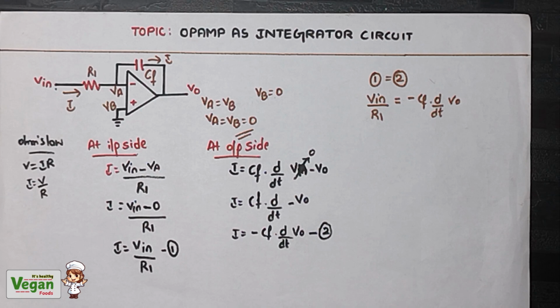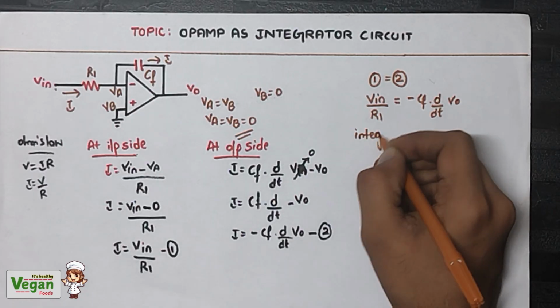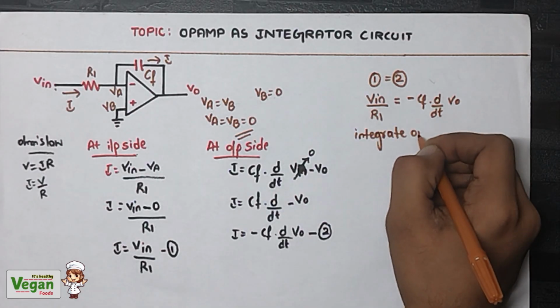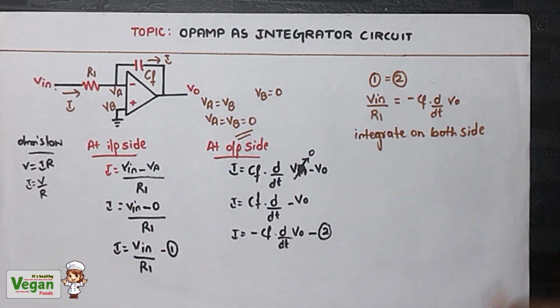We just need the equation for Vout. Therefore let's integrate on both sides. How will you know to integrate? Because we are designing an integrator circuit.